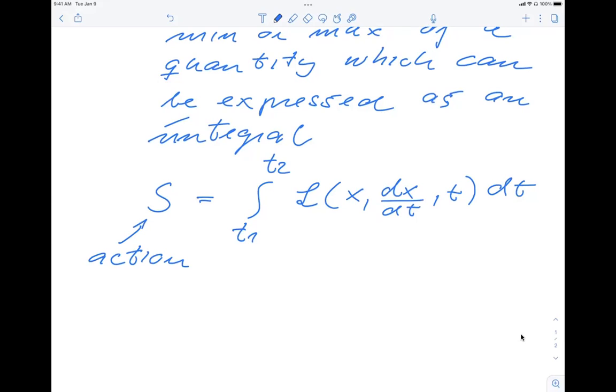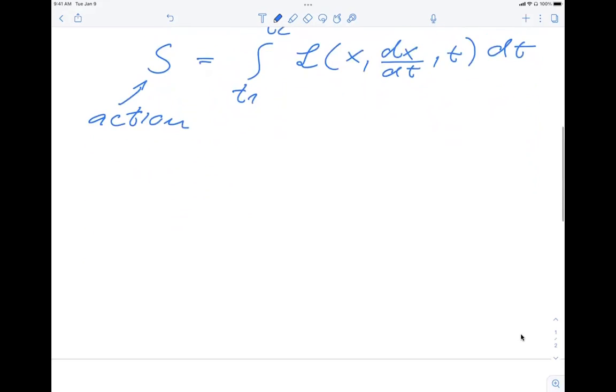So let's continue a little bit along these lines. We want to optimize this quantity, and what we want to do is define a function which can move along a specific path. So suppose we start at a time t1, and remember this doesn't need to be time.